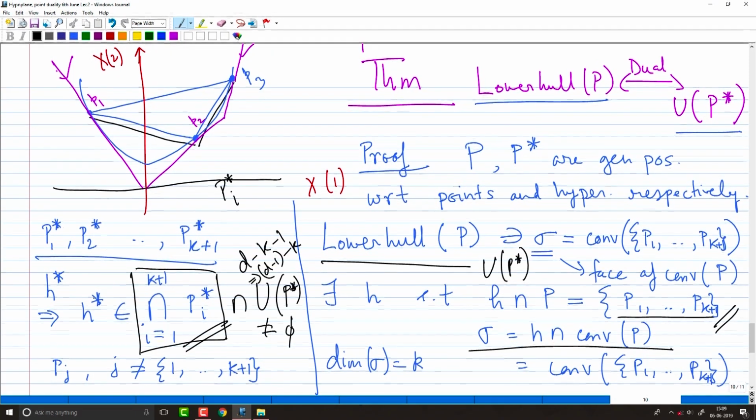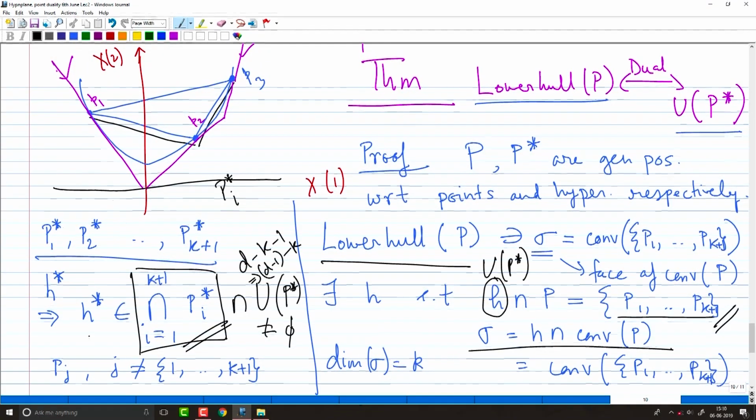So, we take this hyperplane H to H star. H star is a point. What do we notice? We notice that H star belongs to the intersection of Pi star, where i is from 1 to k plus 1. It belongs to all of these hyperplanes. So, the intersection of these hyperplanes is non-empty.